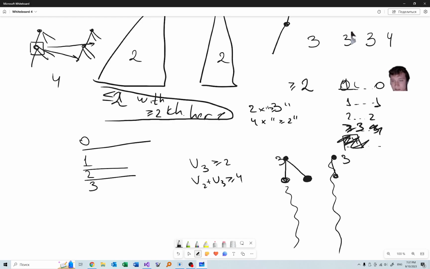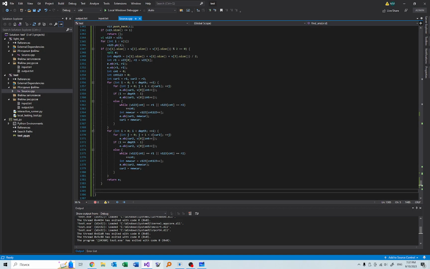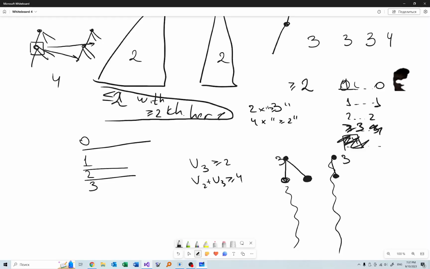So actually, at least here we can put one other vertex, and we are totally fine. And it should be depth minus 1 in both cases. So it is in this case.